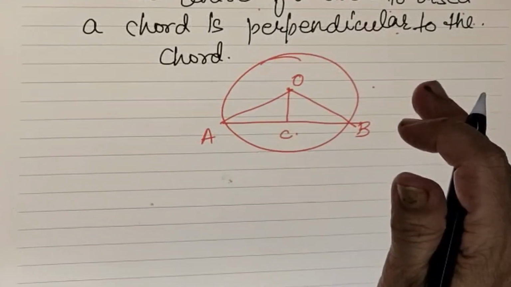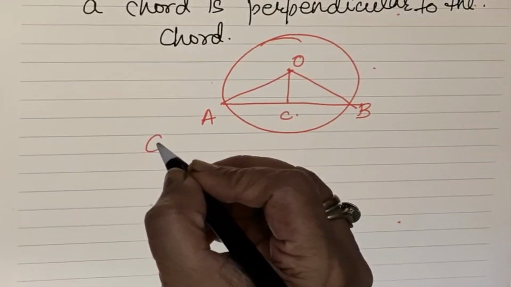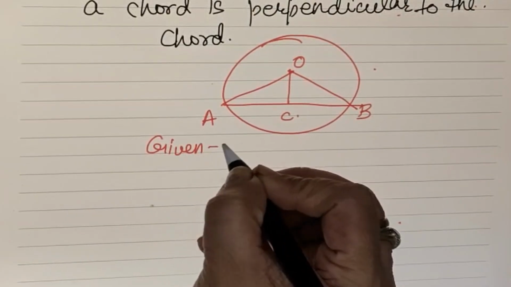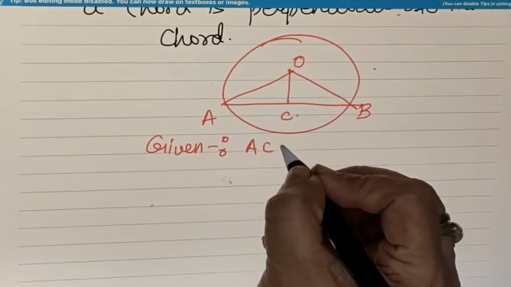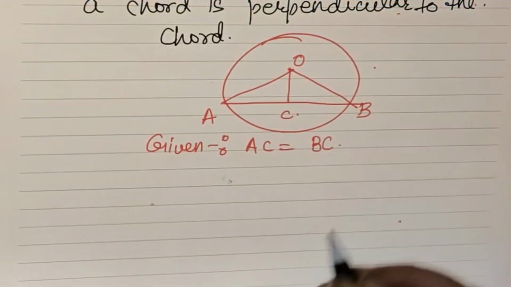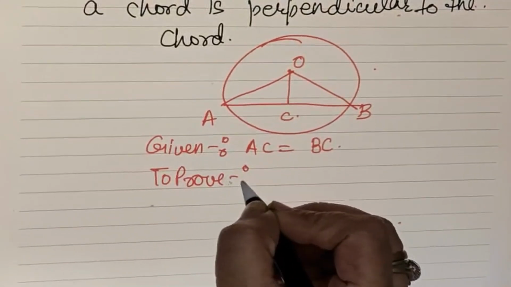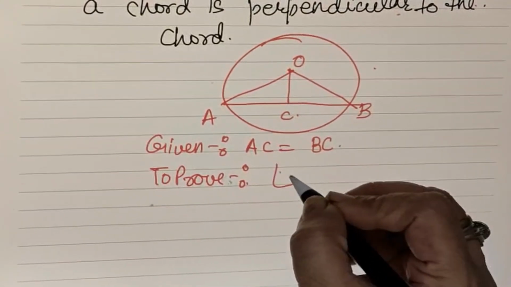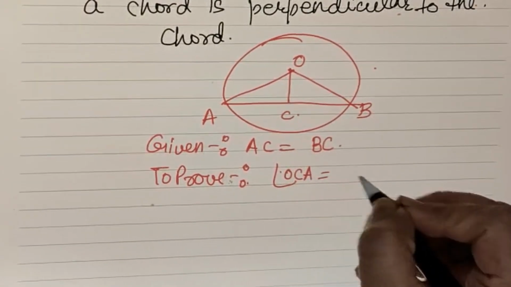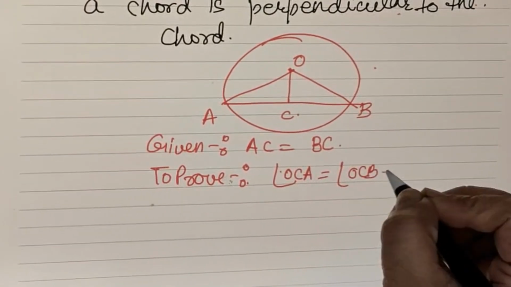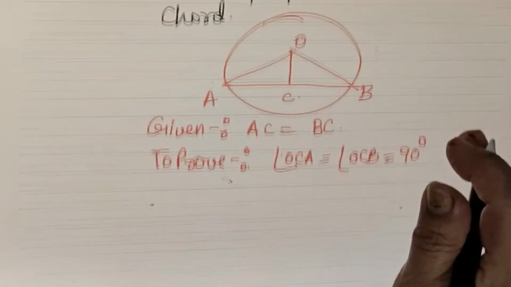Now, what is the given condition? The given condition is AC and BC are equal. What do you need to prove? That angle OCA or OCB is equal to 90 degrees.